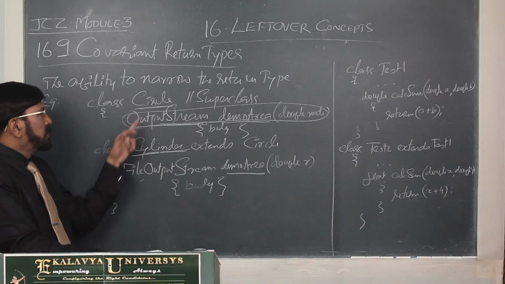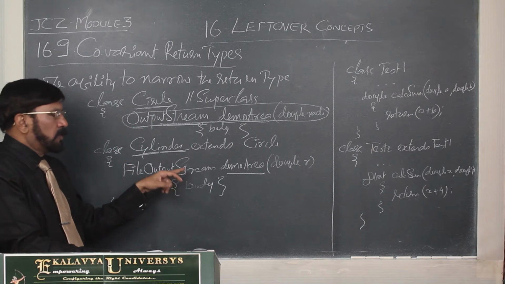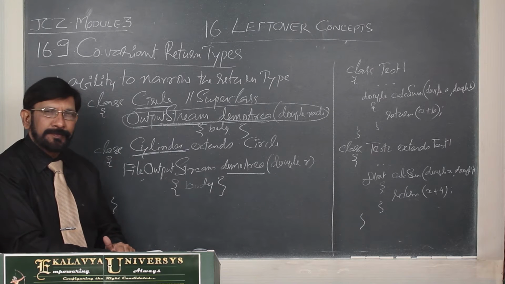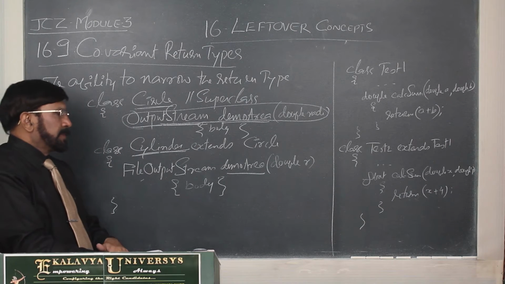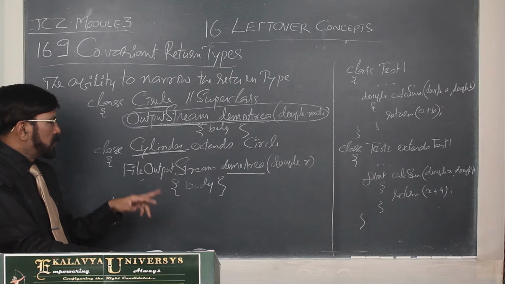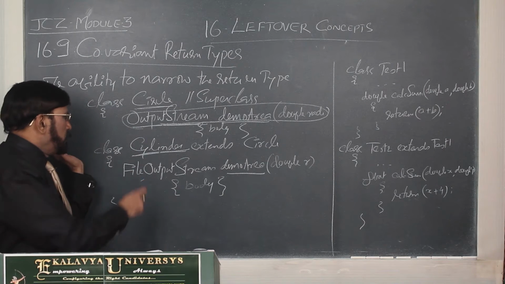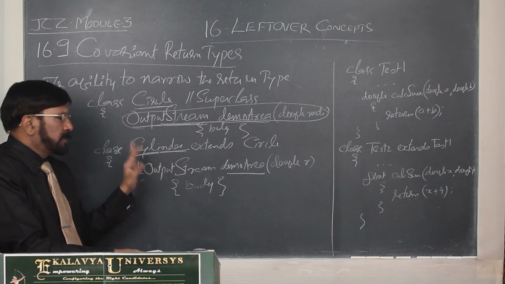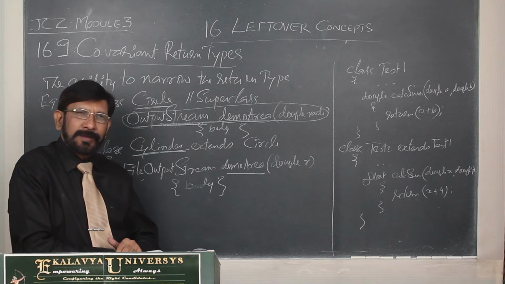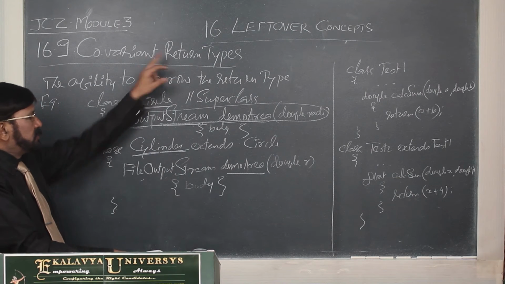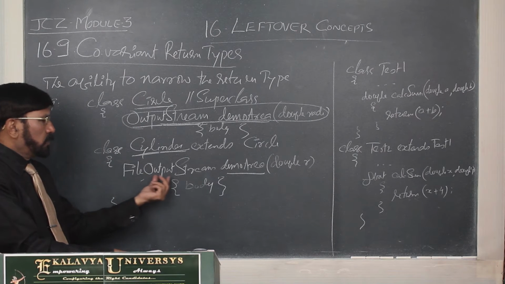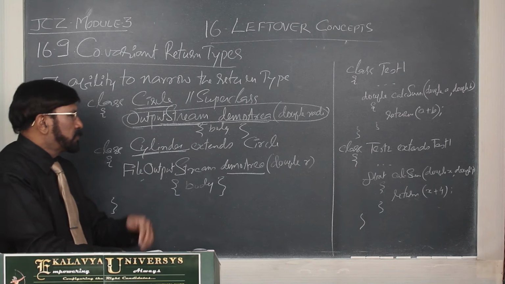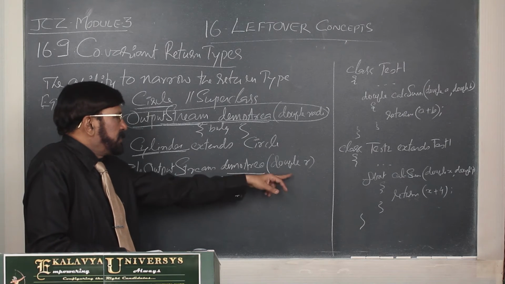So here, FileOutputStream is a subclass of OutputStream. Before the 5.0 version, what should we write? We must write, it is mandatory, only OutputStream. Now, because of this feature, we are able to write the subclass of OutputStream, that is FileOutputStream. The remaining signature is the same.